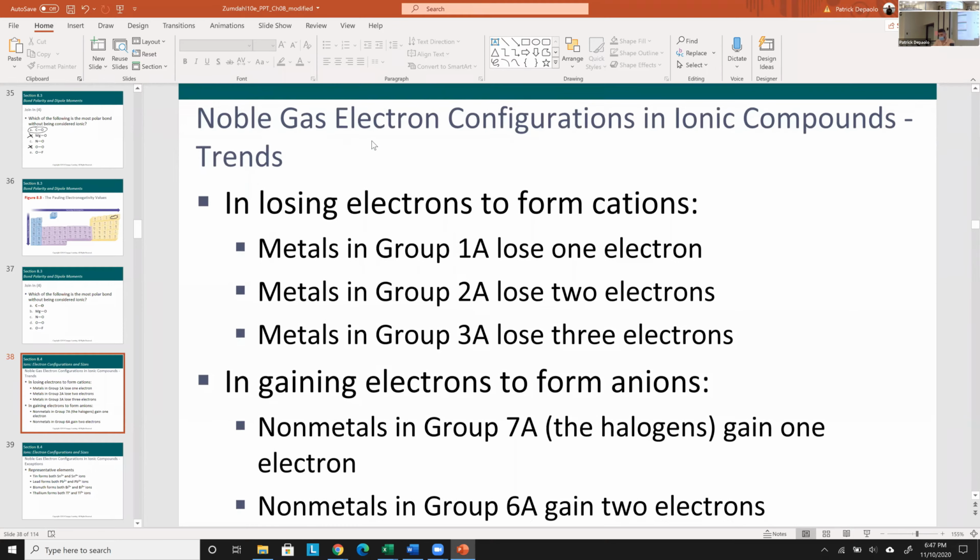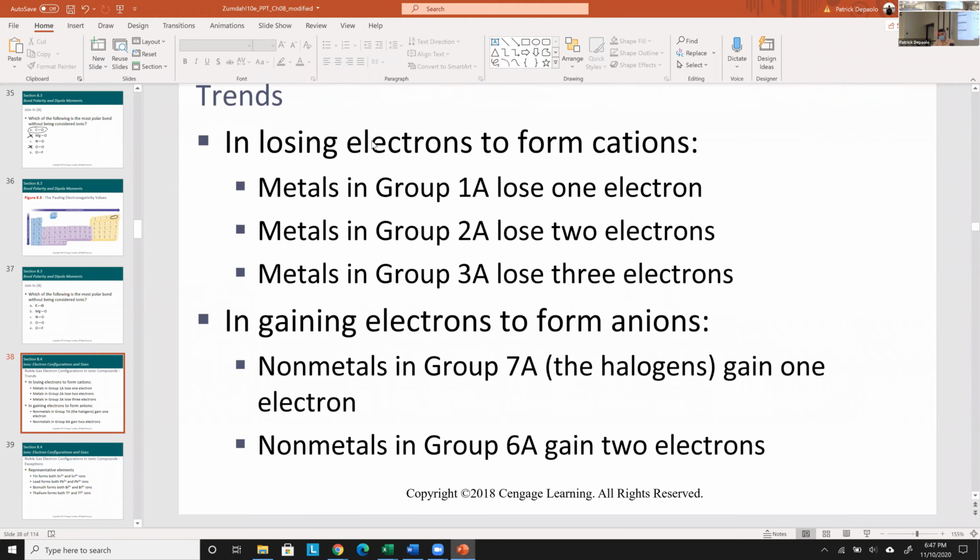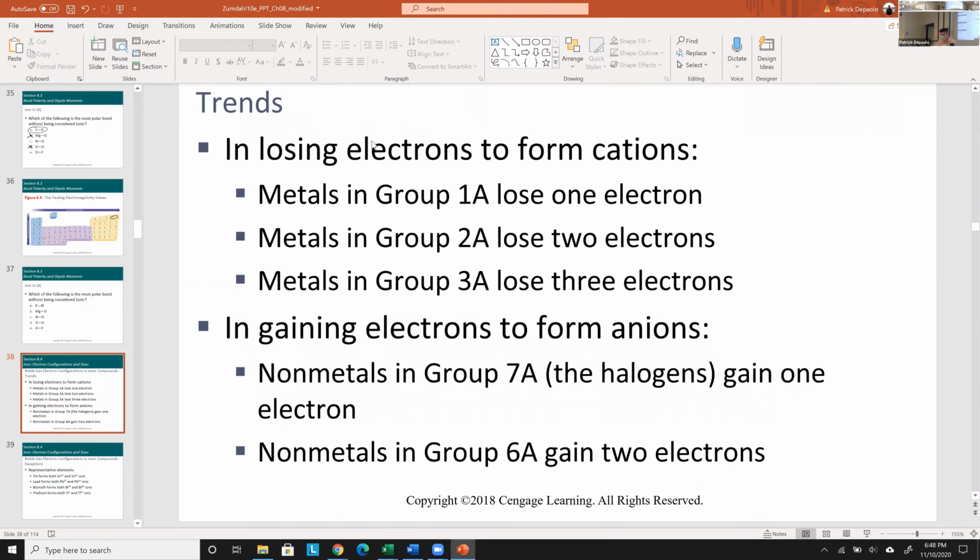It's very important. So, for example, we know that the group 1As lose 1 electron. The group 2A lose 2 electrons. The group 3A lose 3 electrons for aluminum and gallium only. Now, for the halogens, group 7A gains 1 electron, 6A gains 2, nitrogen and phosphorus gain 3, carbon likes to gain 4. So we're aware of that.